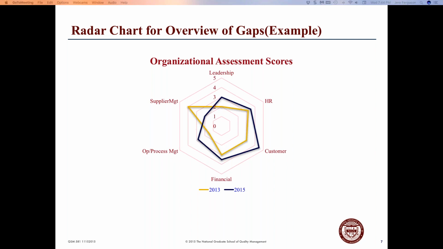And so therefore I can do a couple of things. I can immediately start to assess the organization to find out why this occurred and whether or not I have a problem in this area. If I'm looking at this and I'm saying, wait a minute, I happen to know that I spent all my money in HR as far as investment for the improvement, and that's where I got the least improvement, then I can ask questions like, what did I get for my return on investment?